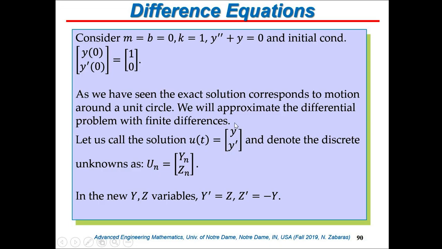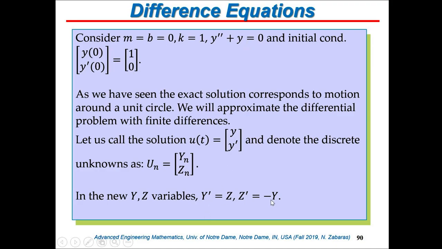Remember capital Y is little y, so the derivative of little y is the variable z, equal to y prime. And also z is equal to y prime, so the derivative z prime is really y double prime, which is equal to minus y from my differential equation.